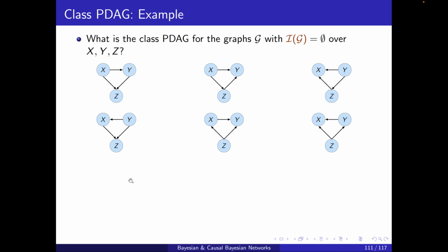An example. What is the class PDAG for these 6 graphs that we saw earlier? Well, first I need to construct the skeleton, and then do I have any immoralities? No. So the answer is simple, just a partially directed acyclic graph in this case where all of the nodes are connected to each other.